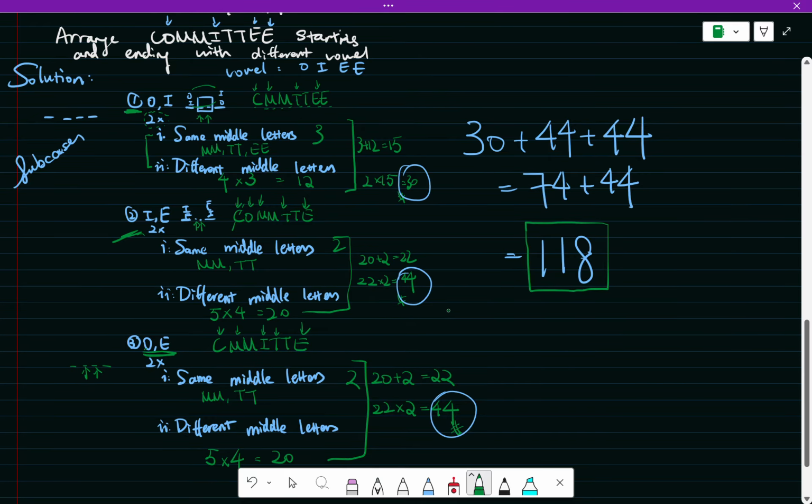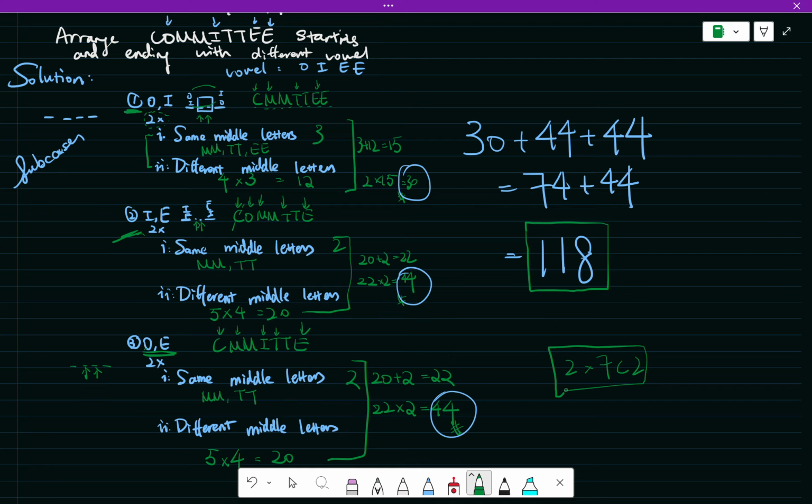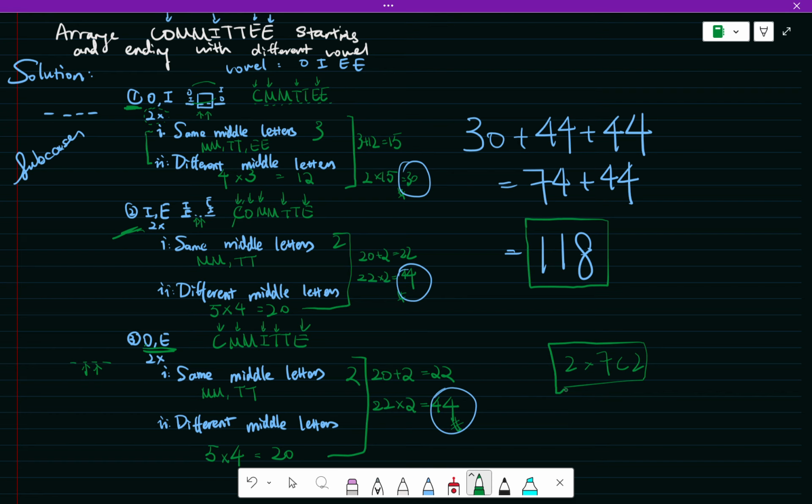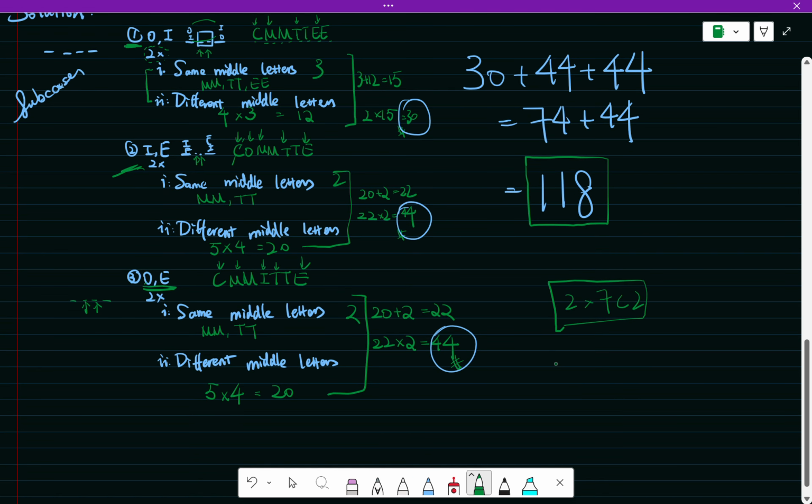And if we do the 2 times 7C2, this will give us a much smaller number. We can actually try. This would be equal to 2 times 7 times 6 over 2 times 1, which is 2 times 21, which is 42.